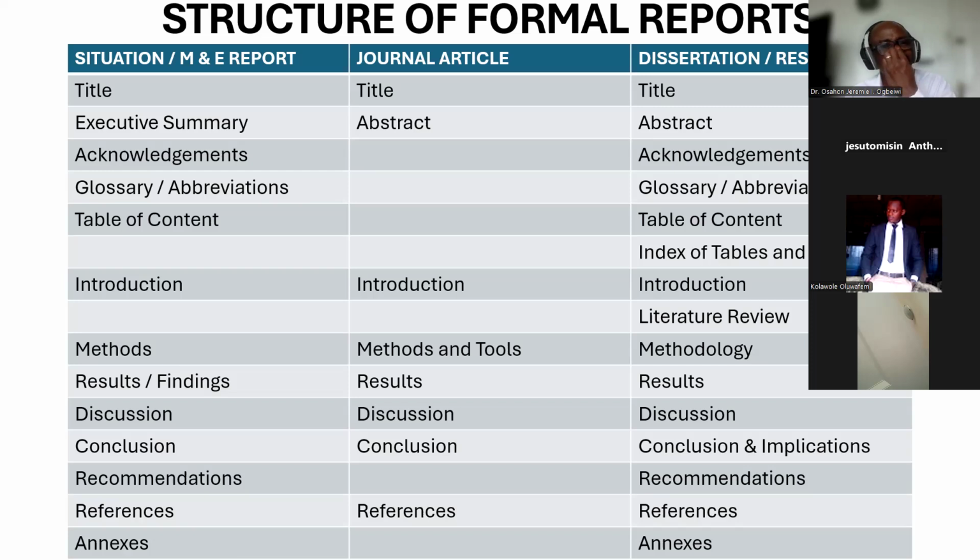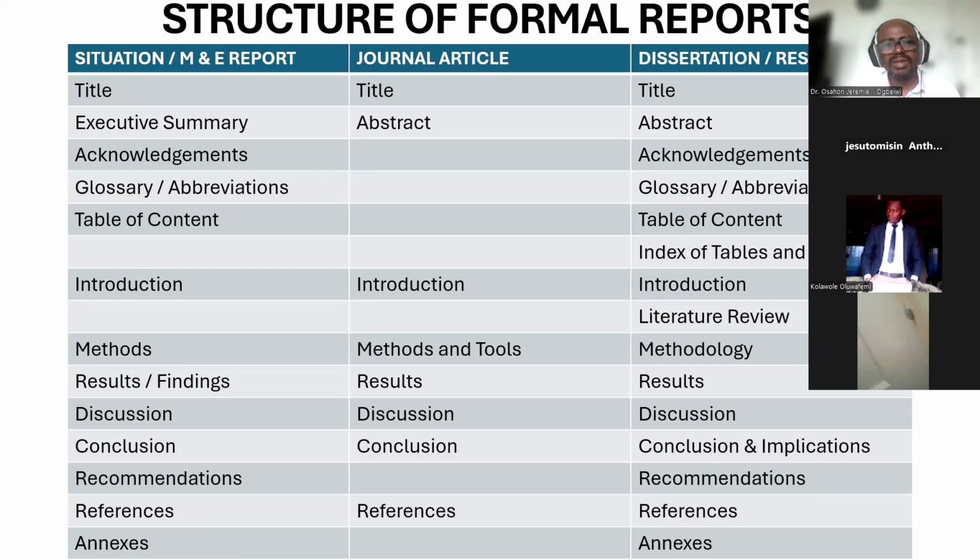So these three report types that I present here, you will see that because they are actually technical reports, they all contain a summary, introduction, method, results, discussion, conclusion, recommendation.